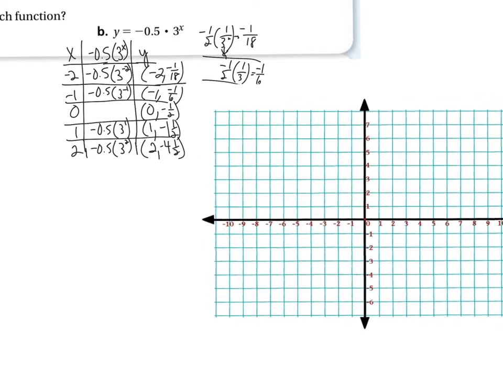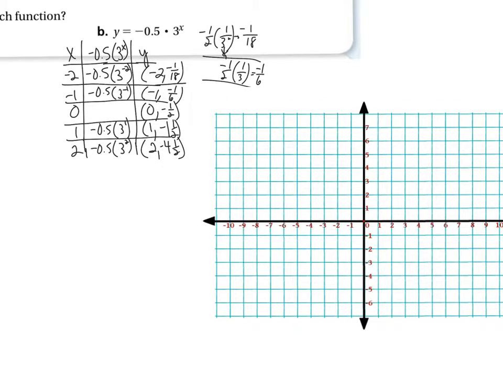So if we were graphing these points, negative 2, and we're just barely negative. I mean, this is really difficult to draw. Negative 1, and we're just still right there almost. 0, we're at negative 1/2. 1, we're at negative 1.5. 2, we're at negative 4.5.